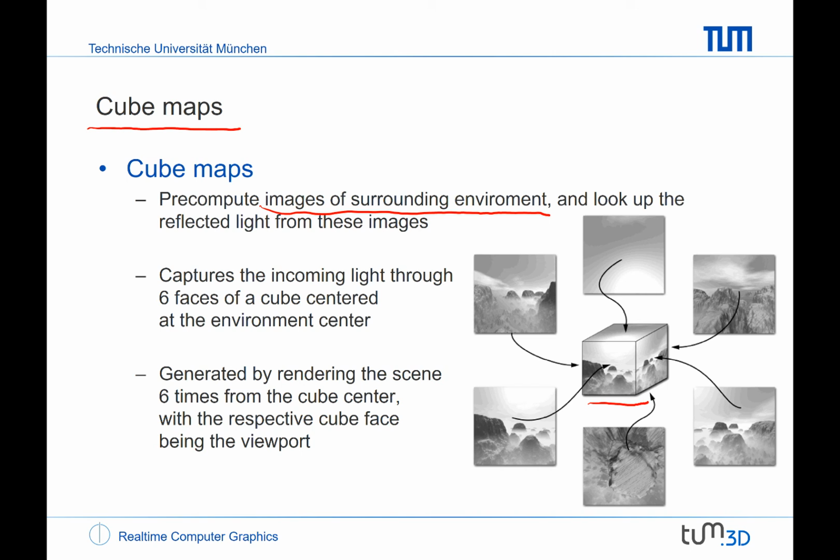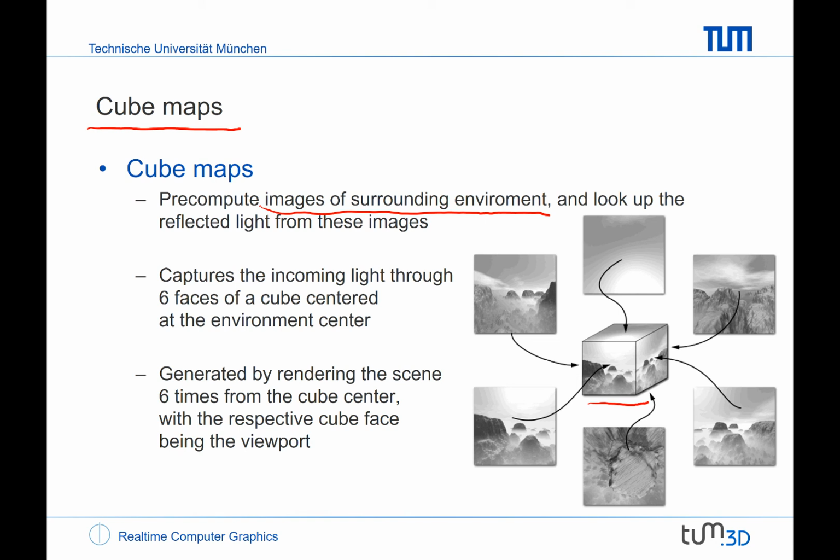that point. And now we render 6 images, by taking the cube center point as a center of projection, or as a camera position, and rendering the scene as seen when looking through the 6 cube faces.